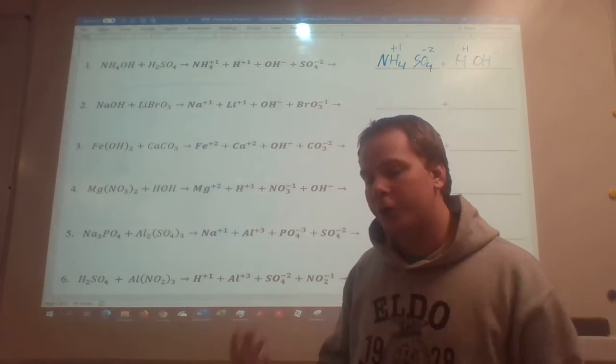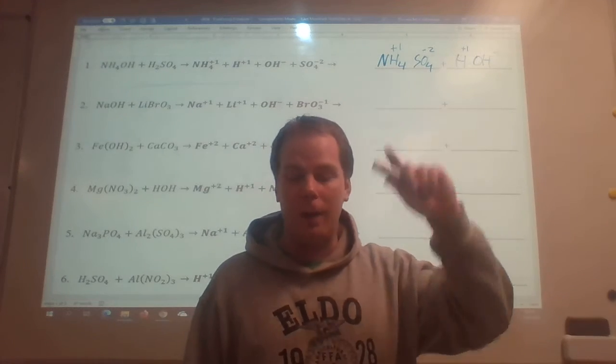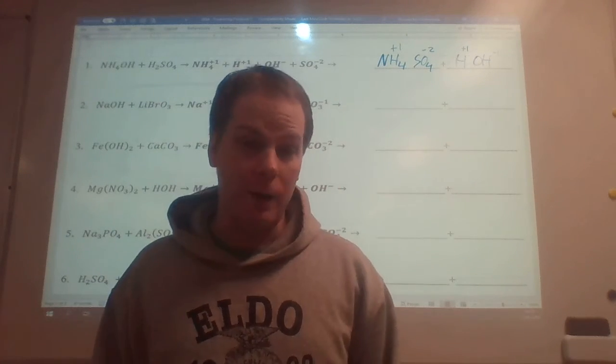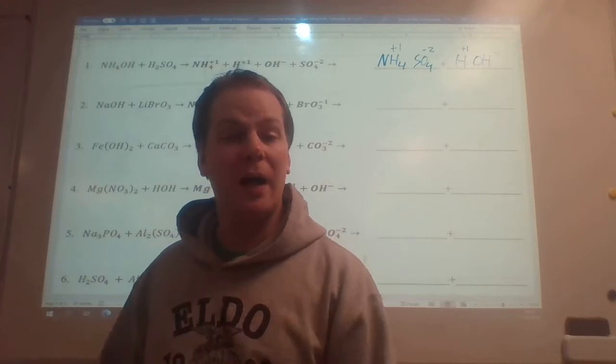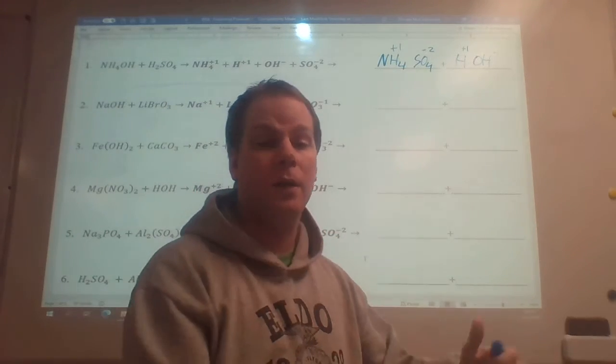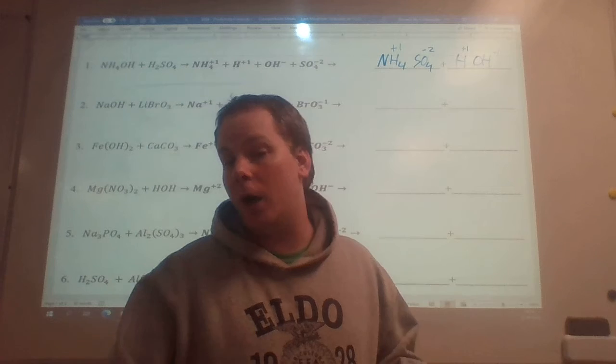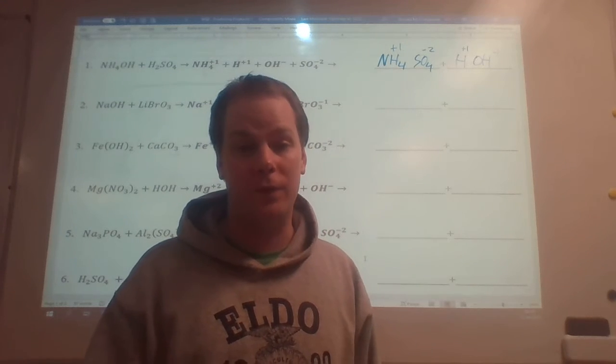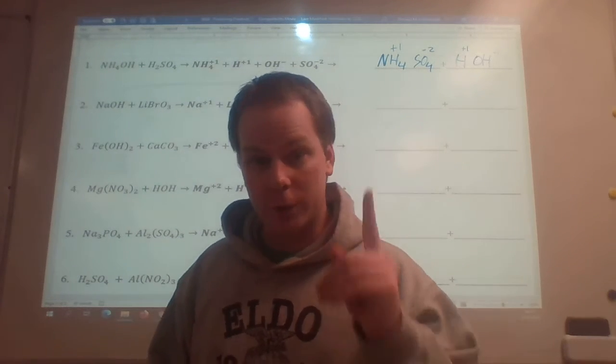We have to charge balance these two compounds. To do that, we have to make sure that the total positive charge cancels the total negative charge, just like when we did our ionic formulae from names. So to do that, I'm going to switch colors.